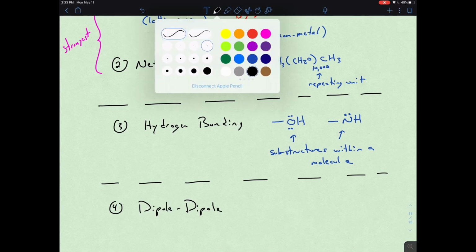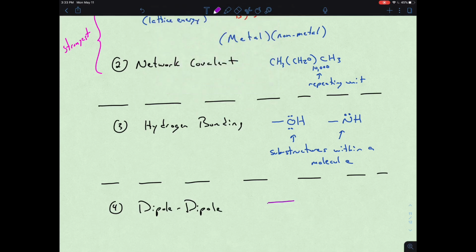For dipole-dipole, remember we're looking for that permanent dipole for a molecule, or a polar molecule.